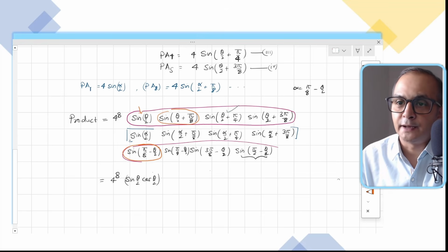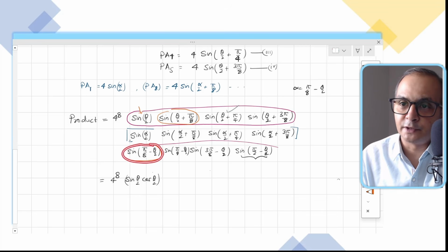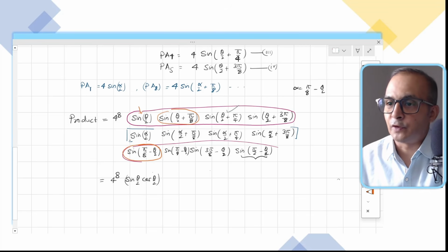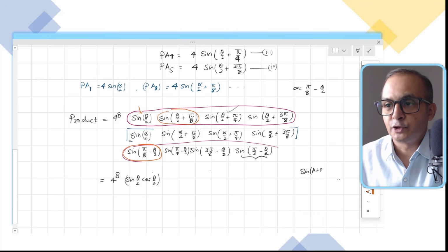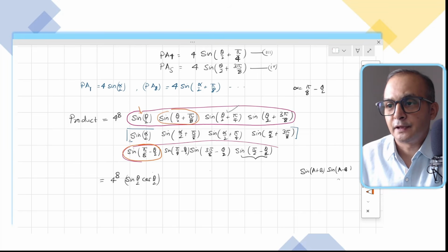Now I'm combining this sine pi by 8 minus theta by 2 with sine pi by 8 plus theta by 2, and the formula you know very well: sine a plus b into sine a minus b is sine squared a minus sine squared b.